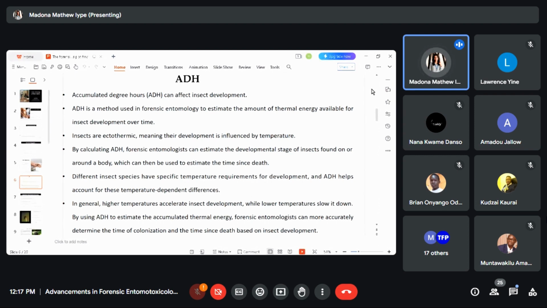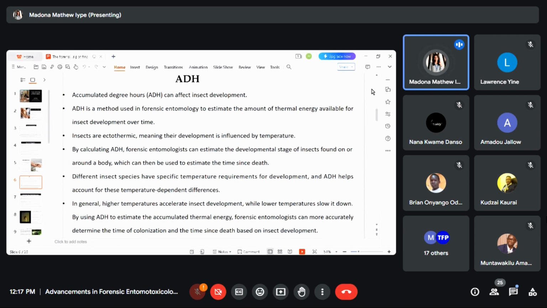By calculating the ADH, forensic entomologists can estimate the developmental stages of insects found around the body, inside the body and also above the body, which can be used to determine the PMI.